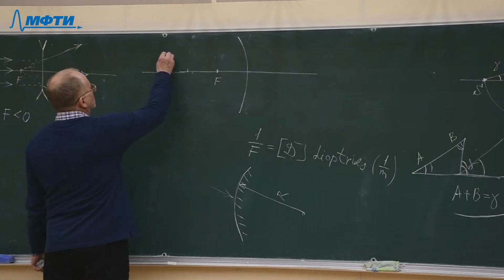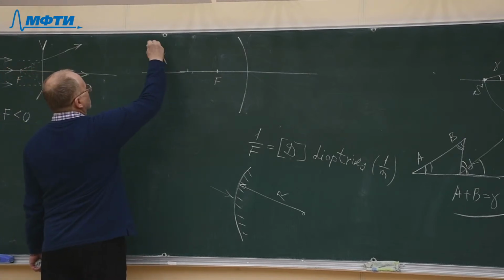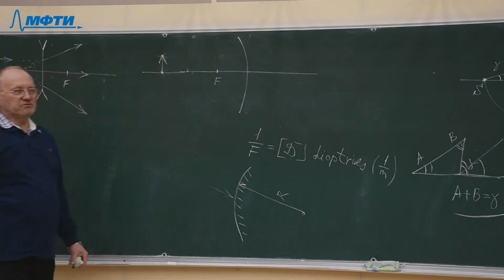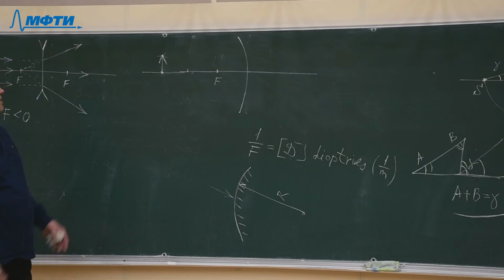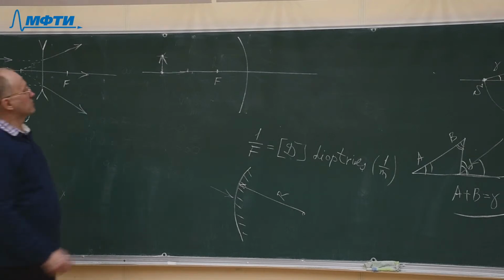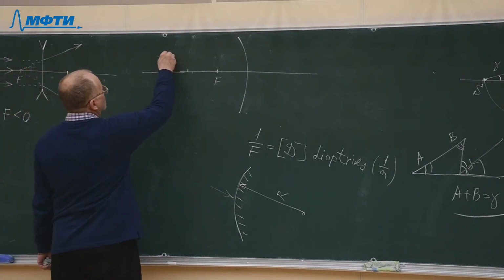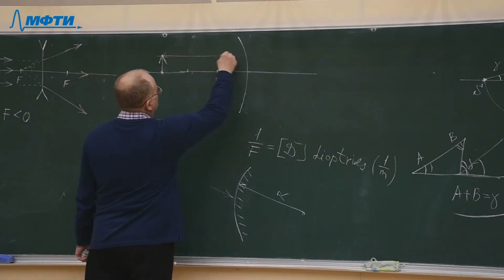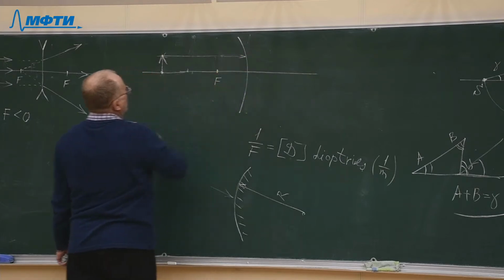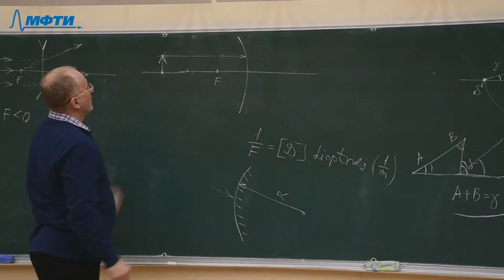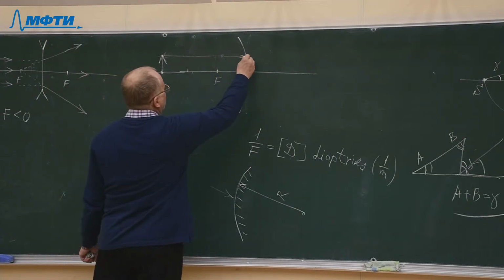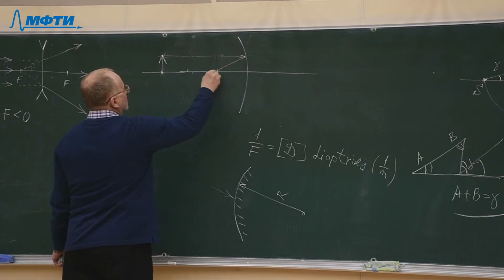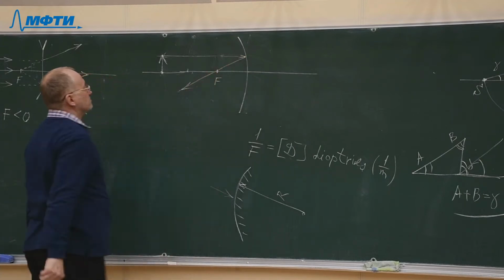Again, we remember that each point of the object radiates light in all possible directions, and we choose the direction which is convenient for consideration of this problem. We choose the one ray which goes parallel to the principal axis, and we know that the parallel beam of light will be reflected to the focal point and will go through the focal point.